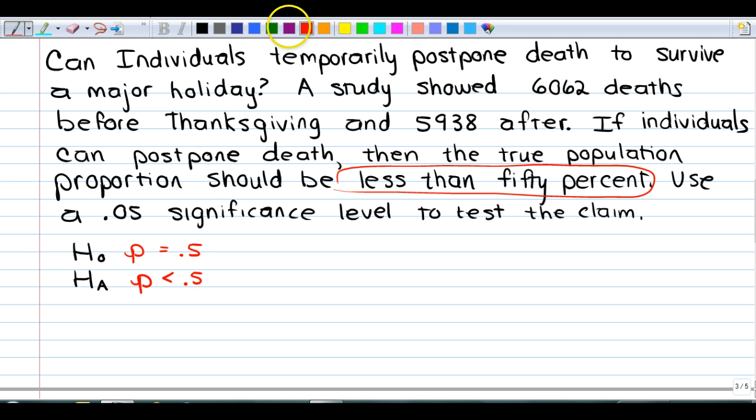Now what's the information I've got here? I know my sample size, it's going to be the 6,062 plus the 5,938.